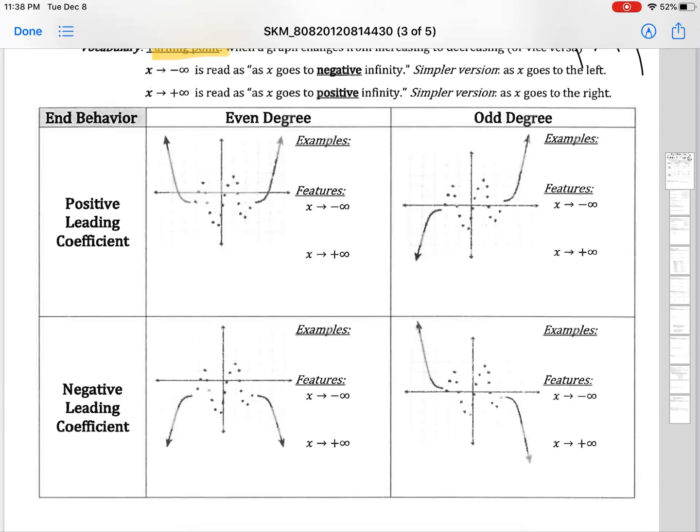The degree or the highest exponent, and also what the leading number is, right? So like if it's 3x squared, the 3, that leading number right there.